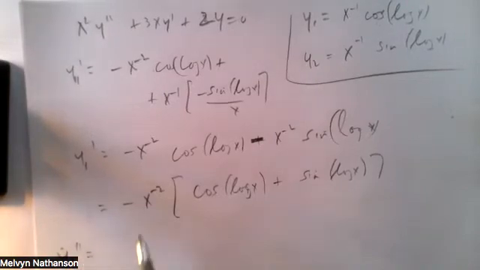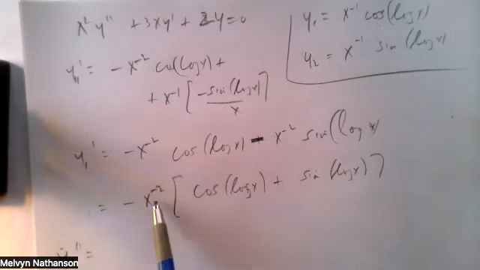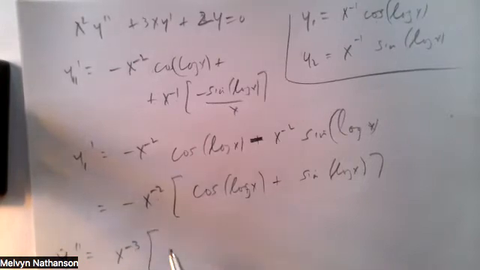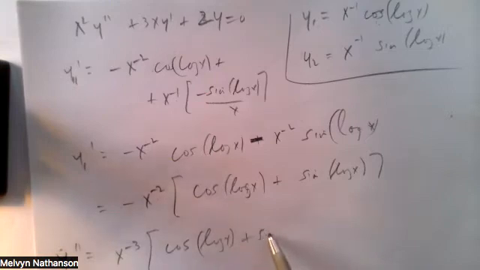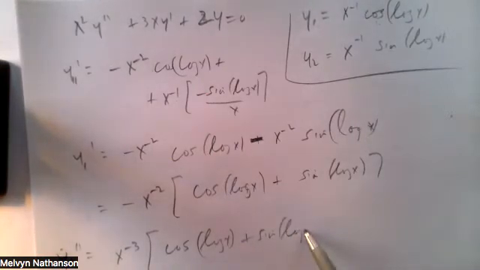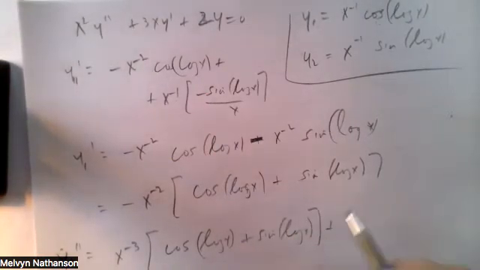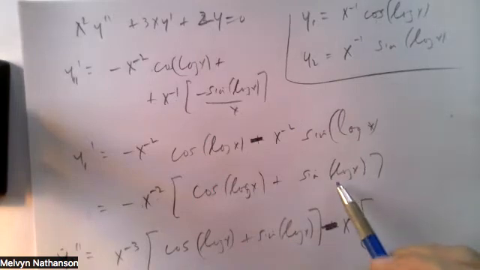Differentiate again. The derivative of x to the minus 2 is minus 2x to the minus 3, and minus times minus is plus, so this is 2x to the minus 3 times (cosine log x plus sine log x), minus x to the minus 2 times the derivative of this.